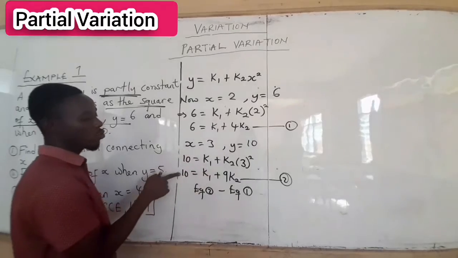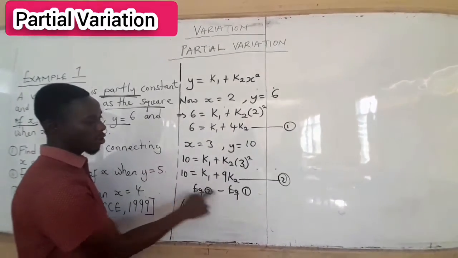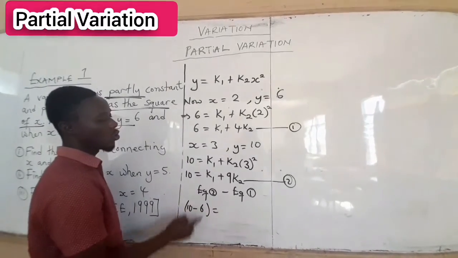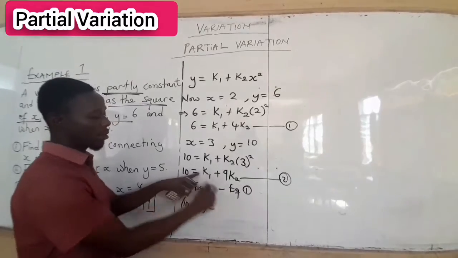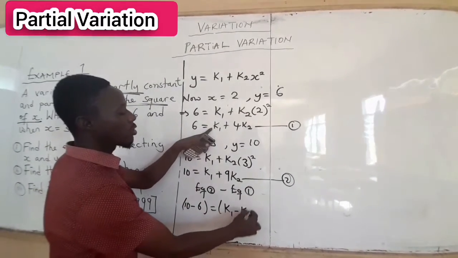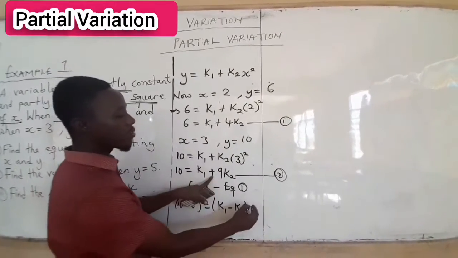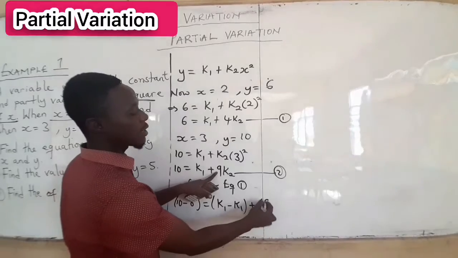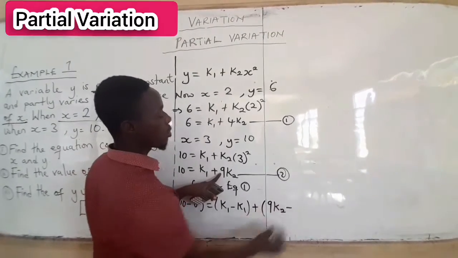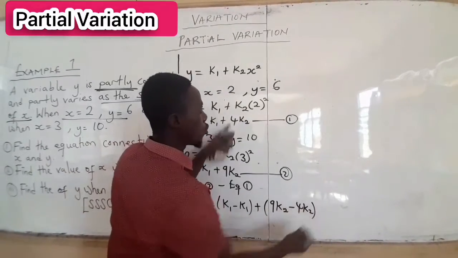For equation 2, we have 10, then minus the equation 1, which is 6, equal to k1 minus k1, then plus 9k2 minus 4k2.